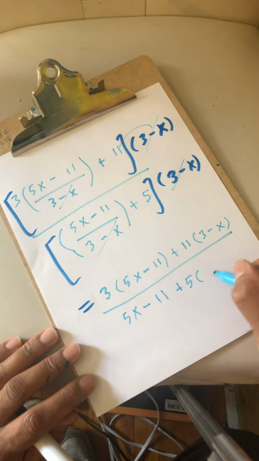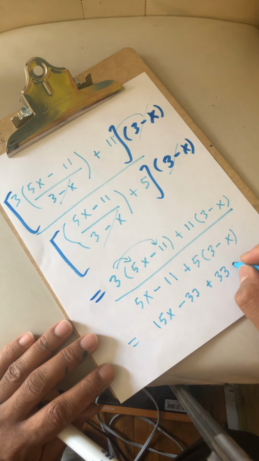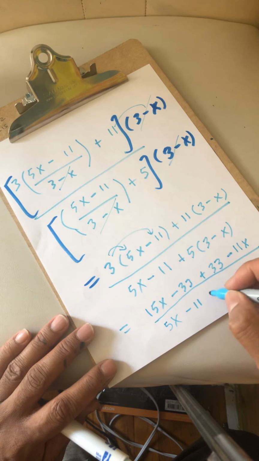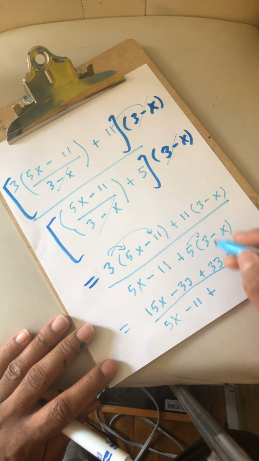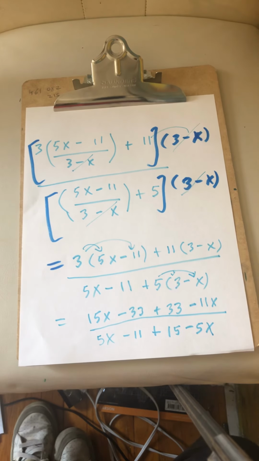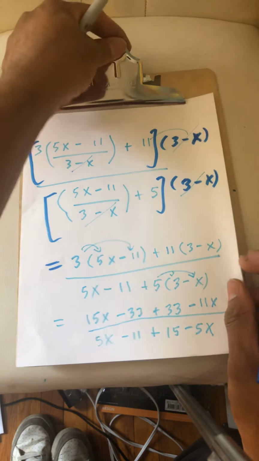Of course, on the top that's going to be 15x minus 33 plus 33 minus 11x. And on the bottom, I'm going to have 5x minus 11 plus 5 times 3 is 15 minus 5x. All right, so that's a process. Now, if you simplify this, you should see that you're going to get 4x over 4, which is going to be x. All right.